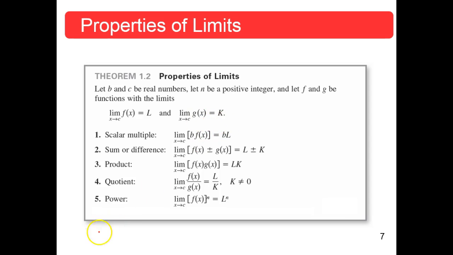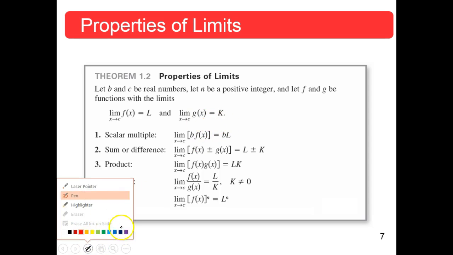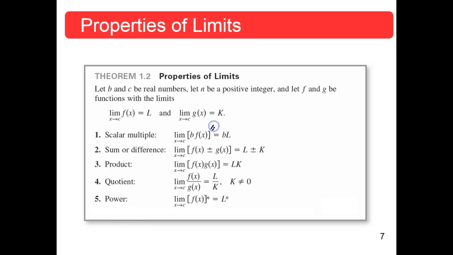The middle step here would be that it's equal to b times the limit as x approaches c of f of x. And then that takes you to that step, because we know that the limit as x approaches c of f of x is L, so that becomes L. So the limit of a constant times a function is the constant times the limit of the function.